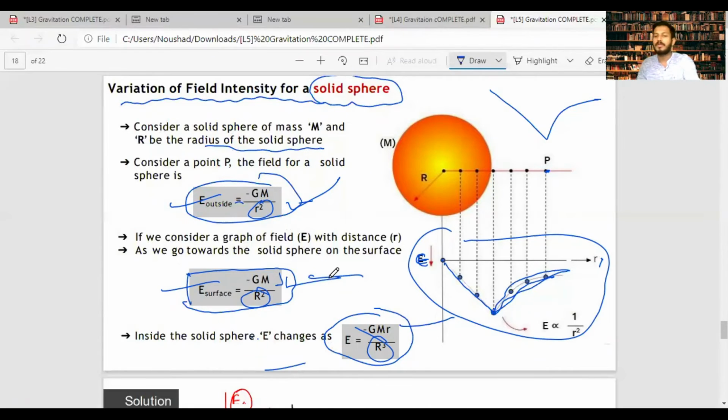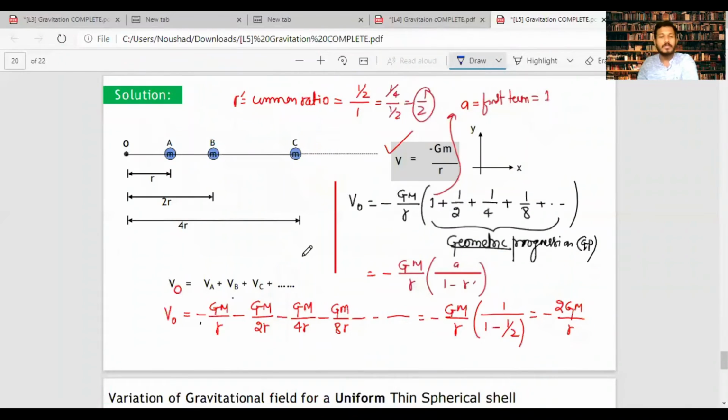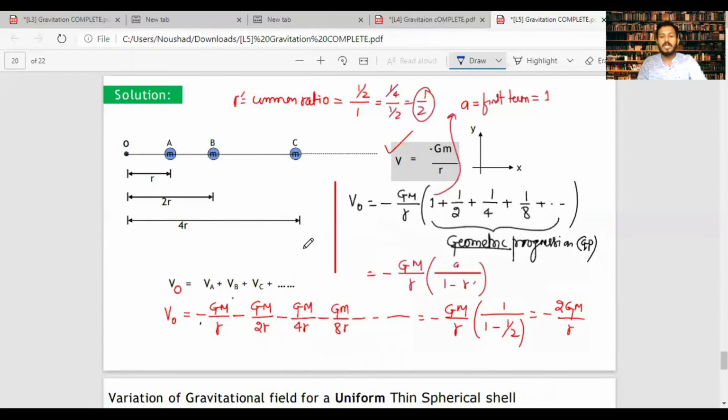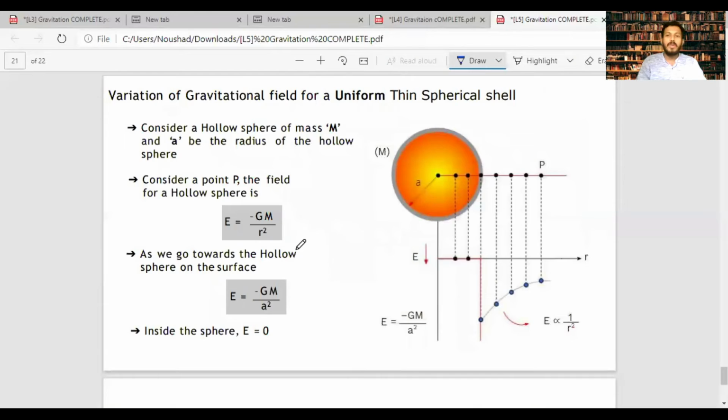Next, we have to look at the variation of gravitational field for a uniform thin spherical shell. There is a solid sphere, and this is a thin spherical shell.